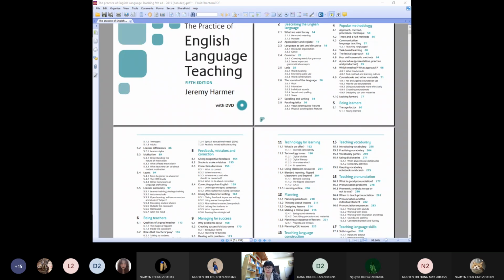Which chapters? Can you tell me what you should read at home before the lesson next week, so that you have a good background for discussion? So, home reading. Chapter 2, 3, 5, and 6.